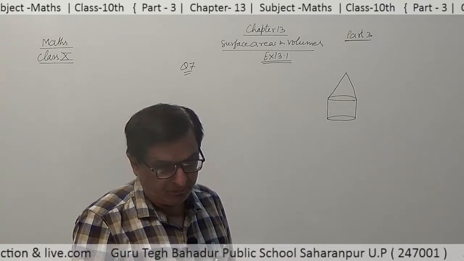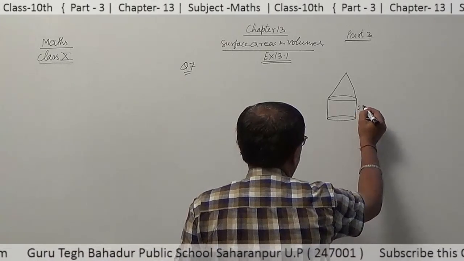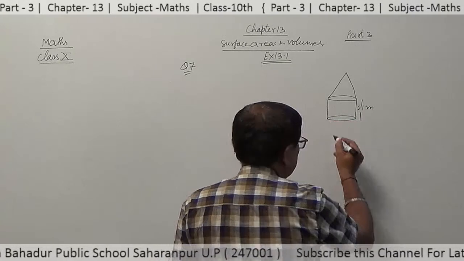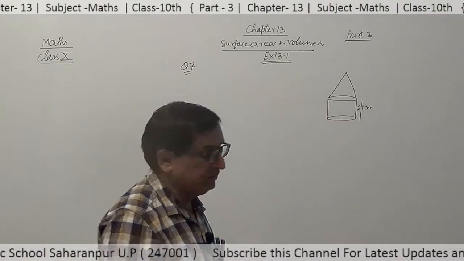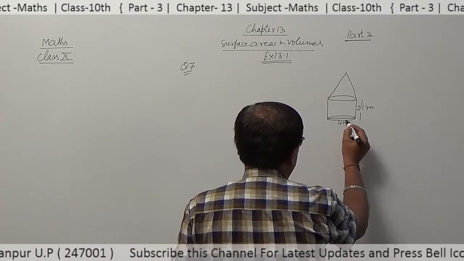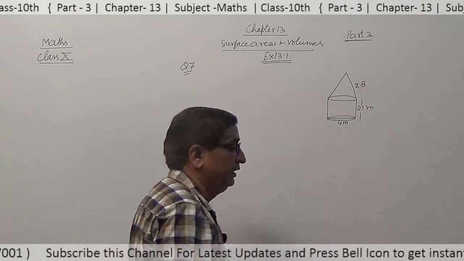The height is 2.1 meter and the diameter is 4 meter. Slant height is 2.8 meter.